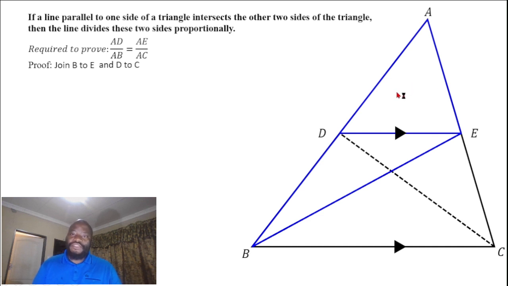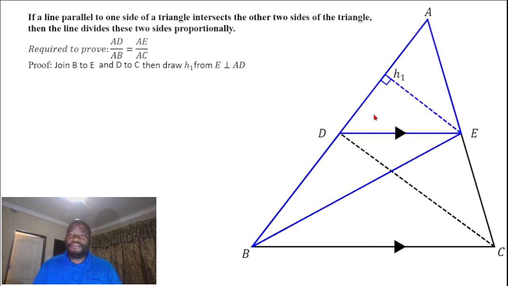As you can see, for all of these blue triangles, if we take AD to be the base of ADE and the whole of AB to be the base of ABE, and even if we wanted to use this one here, we could take this one to be the base, then for all these three triangles H1, drawn from here perpendicular to E, will be the height of all these blue triangles. When I write H1 next, I'll use blue so that you remember it's related to the blue triangles.